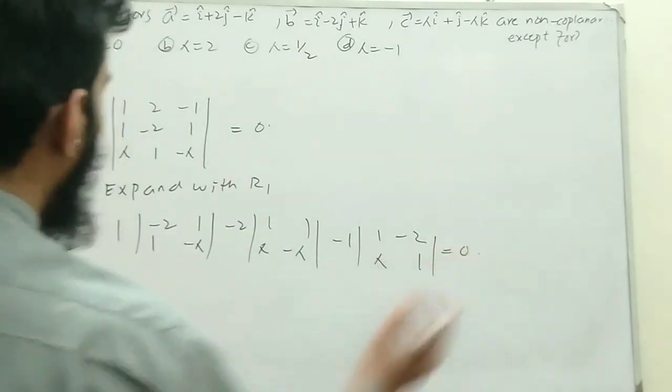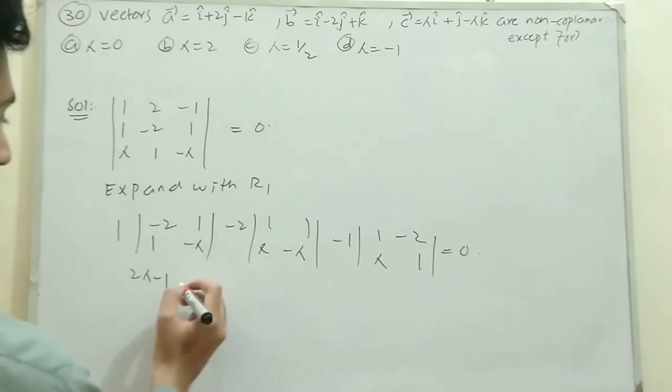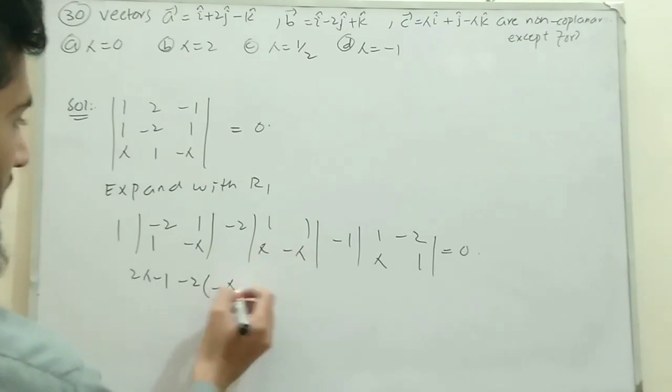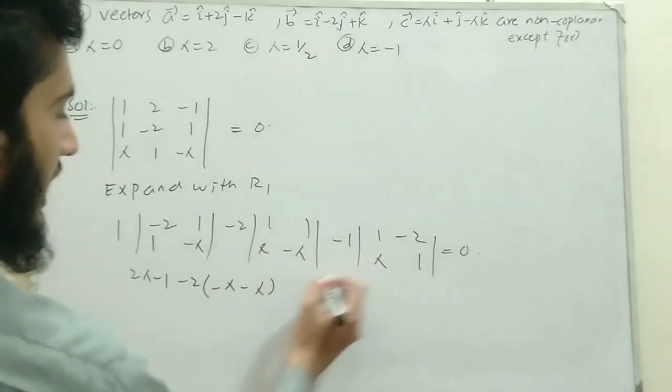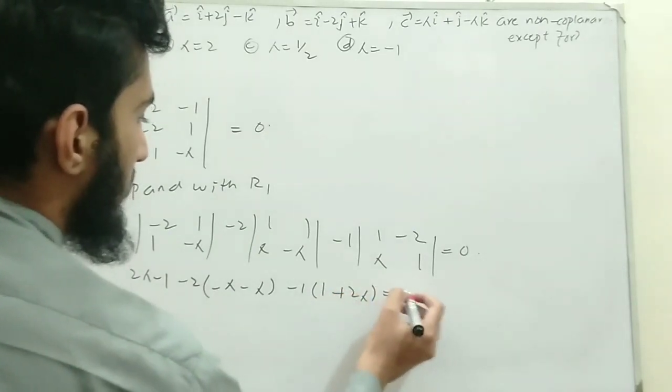Here it is equal to 0. After simplification, it will give us 2 lambda minus 1. It gives us minus 2 times minus lambda, and here minus lambda. After this, minus 1 times 1 and plus 2 lambda is equal to 0.